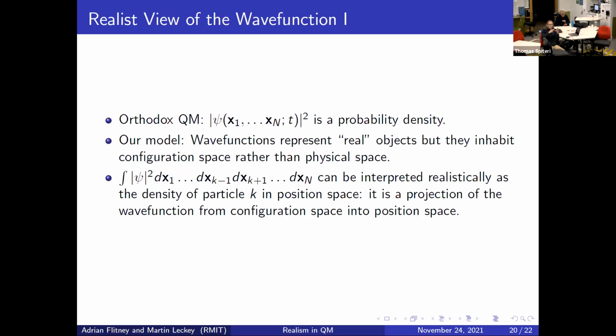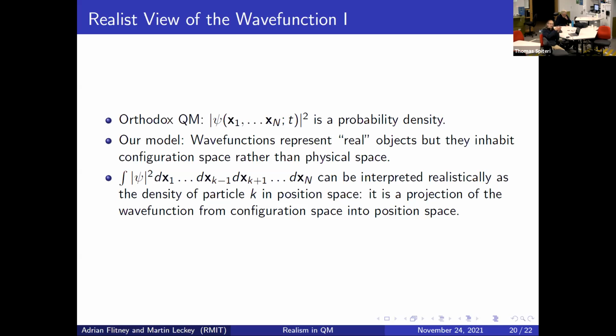Okay, so I'll wrap up with this idea of the realist view of the wave function. So in our model, we have these wave functions, and we're treating them as real evolving objects that really collapse. We're not looking at the wave function merely as in orthodox quantum mechanics, where we've got the modulus squared of the wave function just as a probability density for the system being located in a certain region of space. But in our model, we're going to take wave functions as representing real objects inhabiting configuration space.